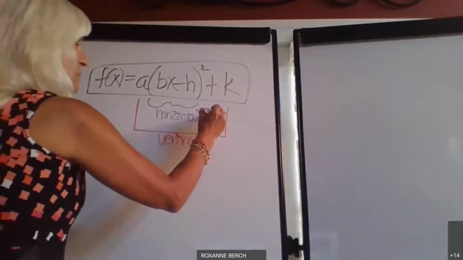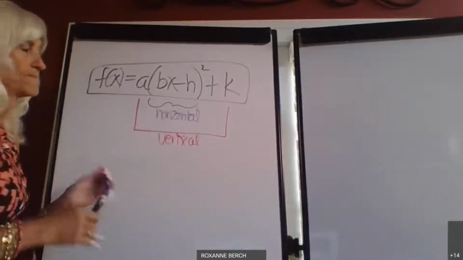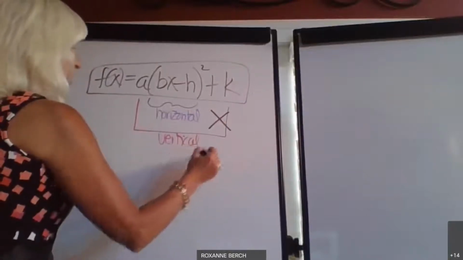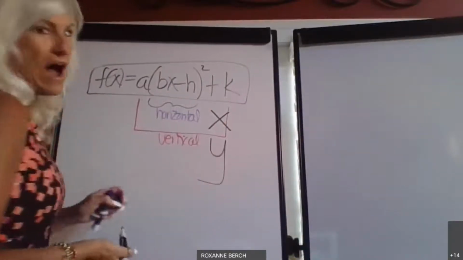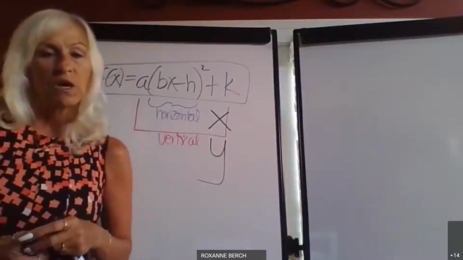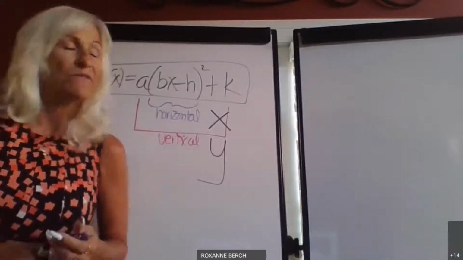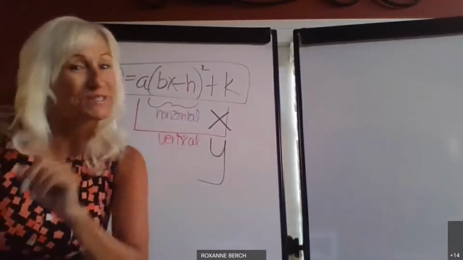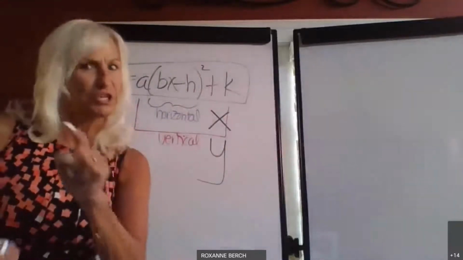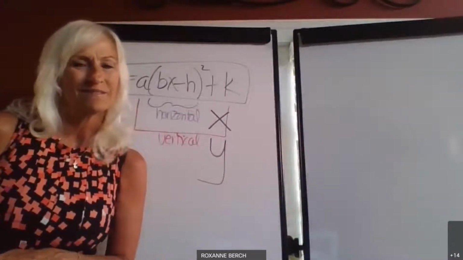Horizontal has to do with x. Vertical has to do with y. So what does that mean? If you do something on the inside, make sure you do it to the x. If you do something on the outside, make sure you do it to the y.